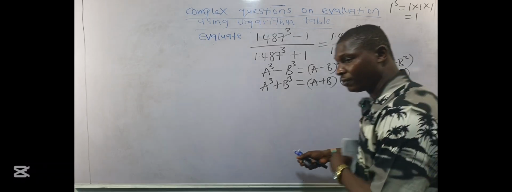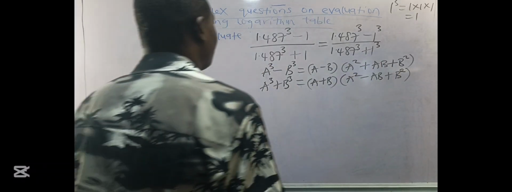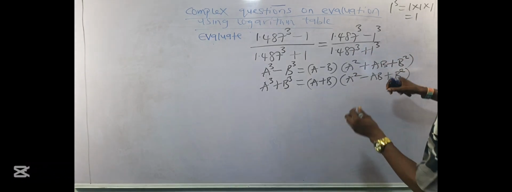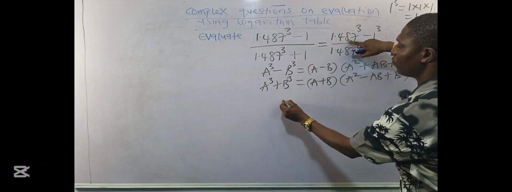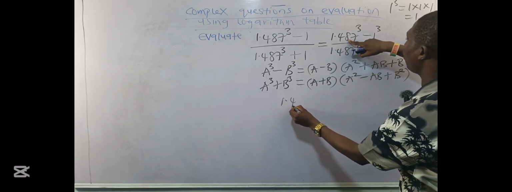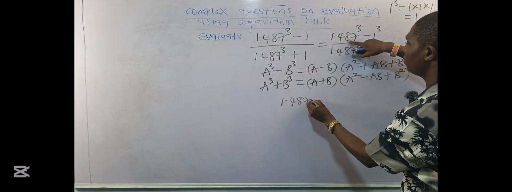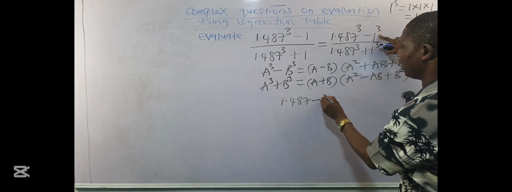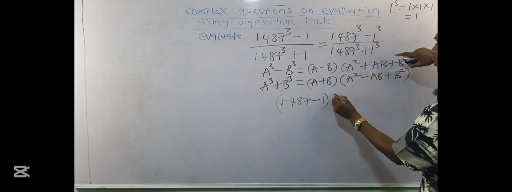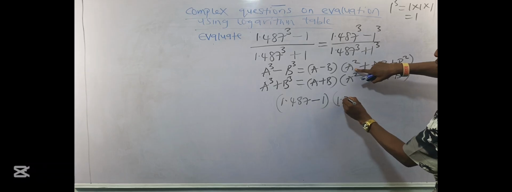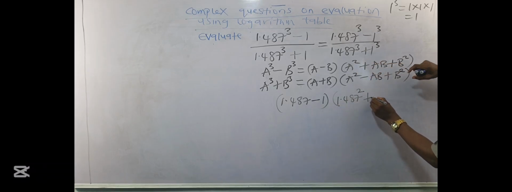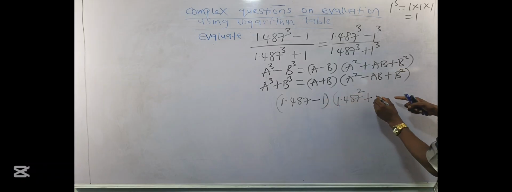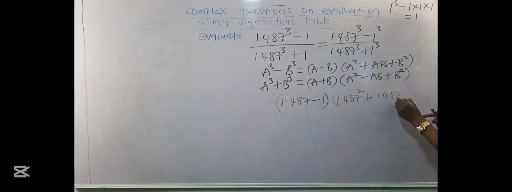Now, in the case of the numerator, let's say this is our A now. We have 1.487 minus 1 in brackets. 1 is B. And A, 1.487 square plus the value of A and B. But 1.487 times 1 will still give you 1.487.